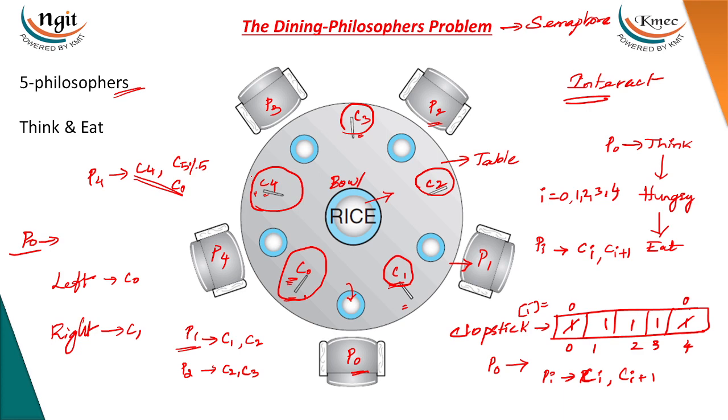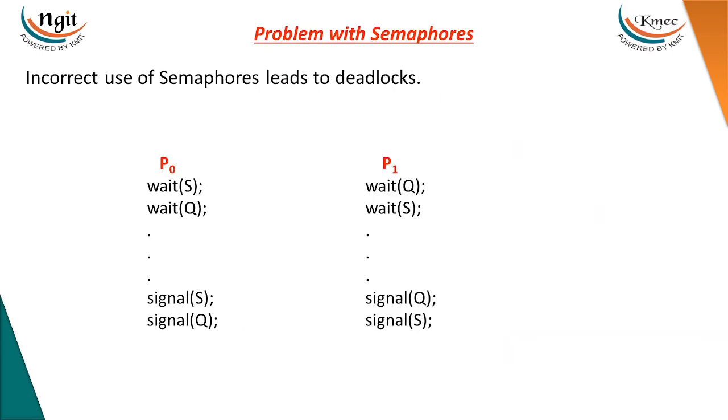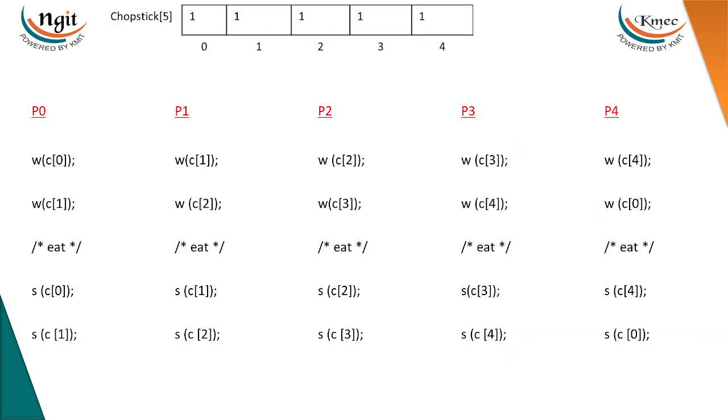So what will happen when this particular code is executed concurrently? Let's see. In this code, in round robin fashion, P0 is picking C0, so it will become 0.